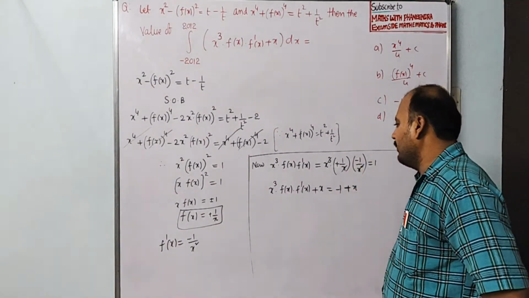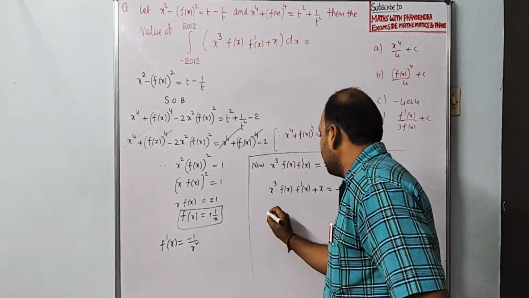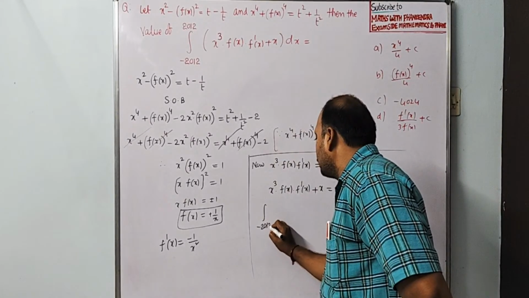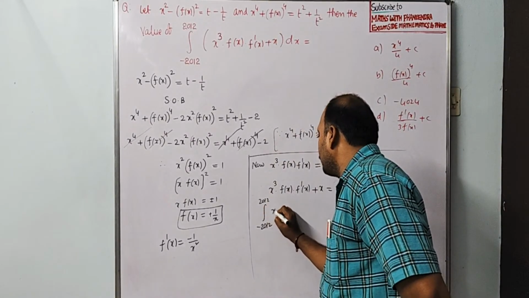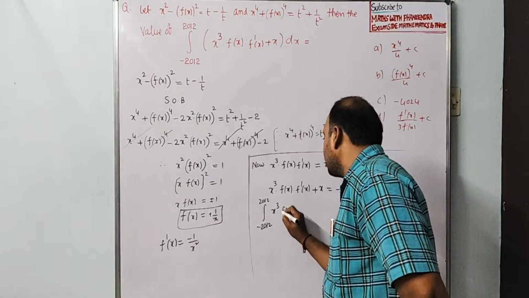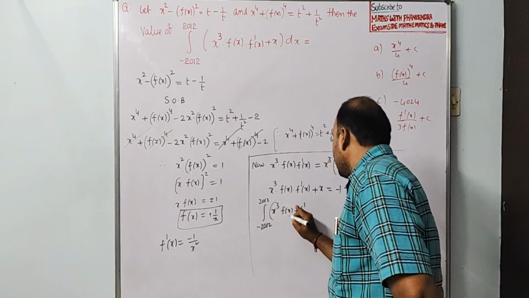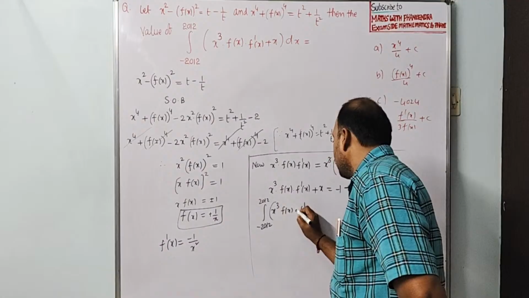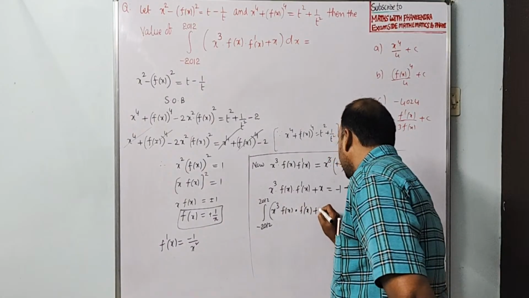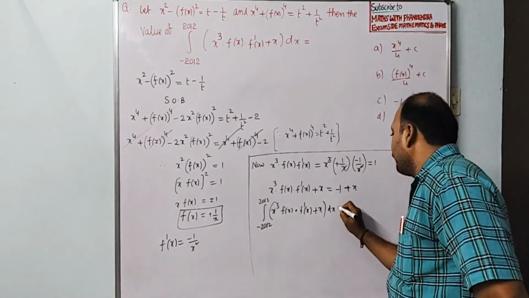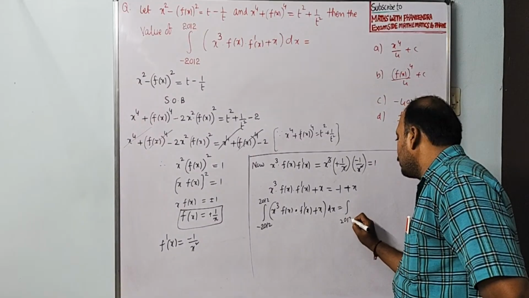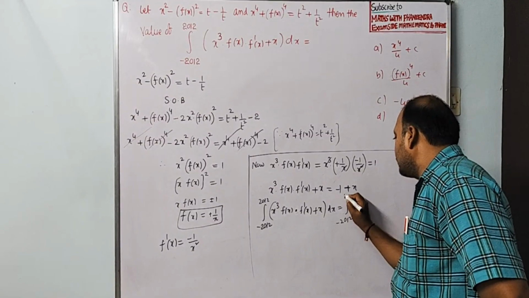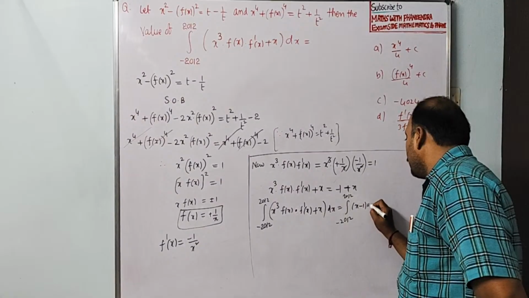So minus 1 will be there. So taking integration on both sides, integral minus 2012 to plus 2012 of x cube into f of x into f dash of x plus x dx equal to integral minus 2012 to 2012 of x minus 1 into dx.